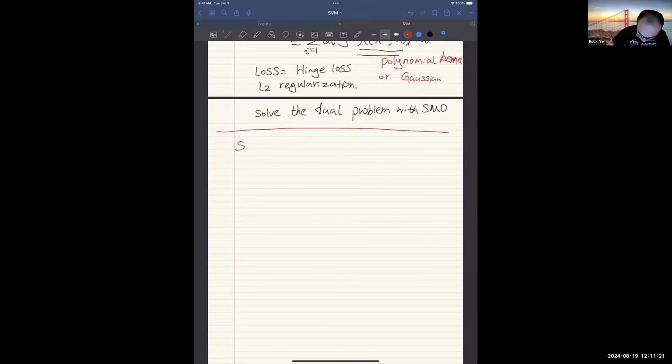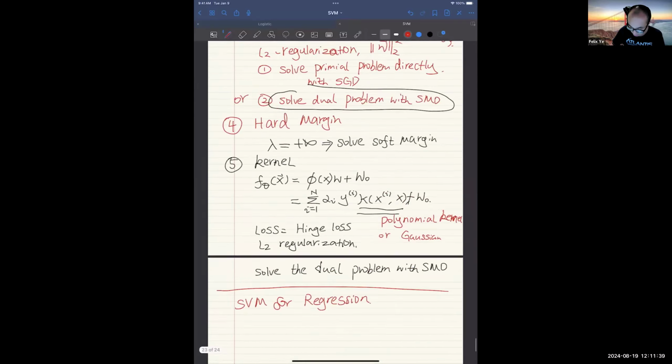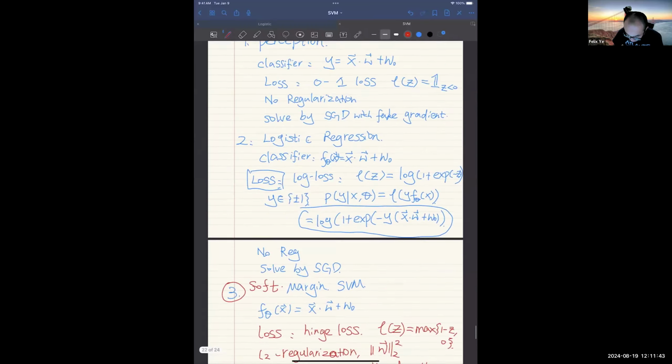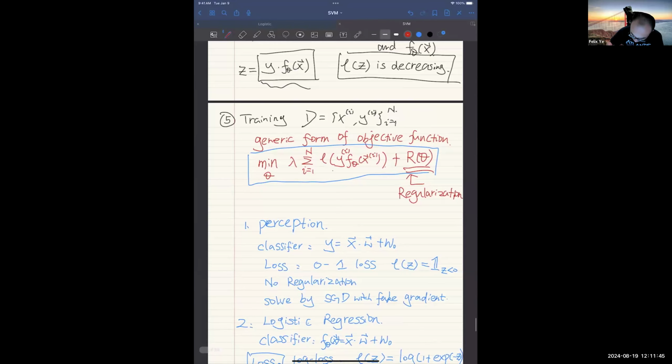So SVM for regression. Basically, we combine everything together. We still have the same thing, but instead of having this loss function be y times f theta of x i, we can make things much more general.